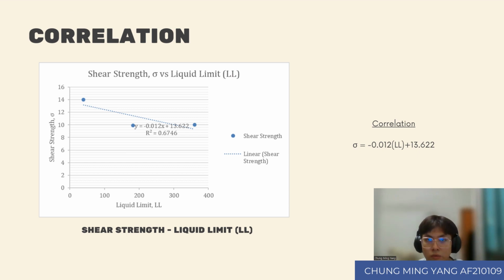Next, we continue with the correlation graphs. The first correlation graph is the shear strength of the peat soil to the liquid limit of the soil. The equation found from the graph is sigma equals negative 0.012 times liquid limit plus 13.622.